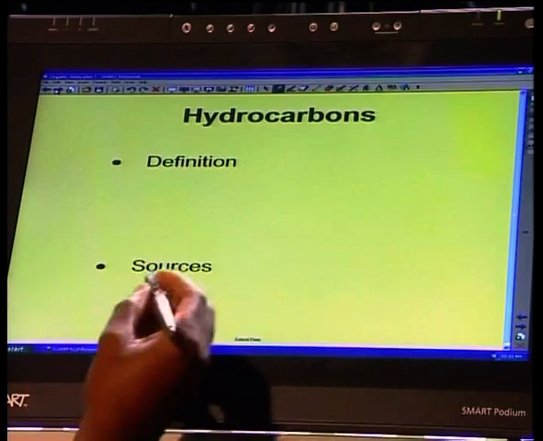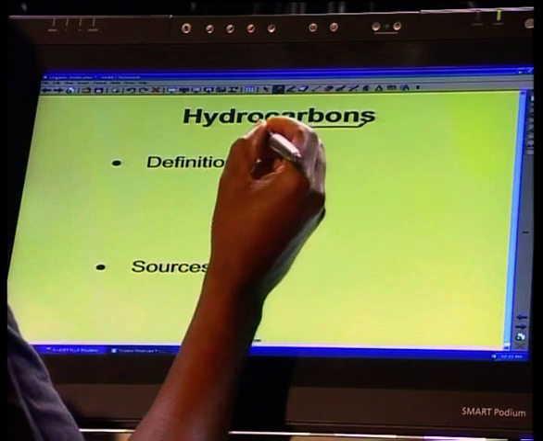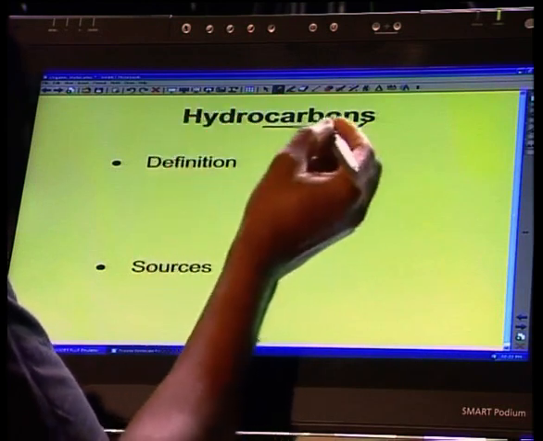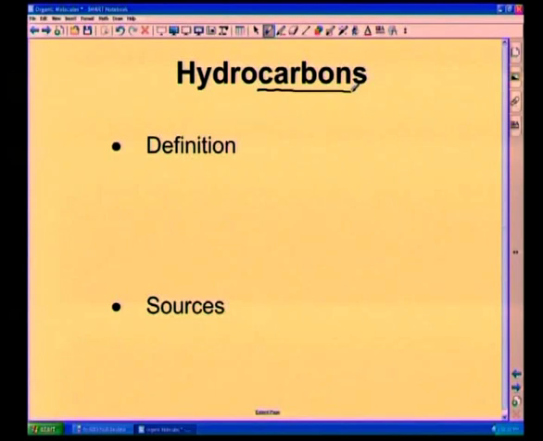Now, like I said, we're talking about molecules containing carbon. And specifically, those molecules that we'll be talking about most of the time will be those containing hydrogen atoms as well. Because they contain hydrogen and carbon atoms, we call them hydrocarbons. So what are hydrocarbons?